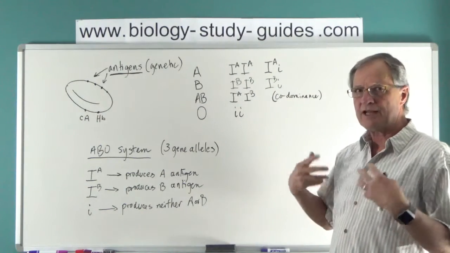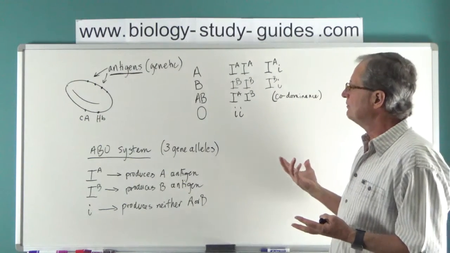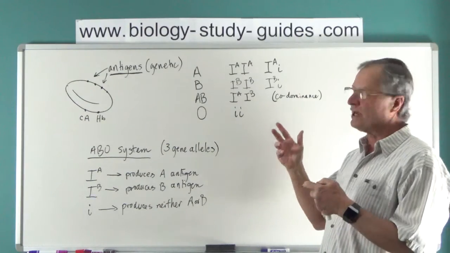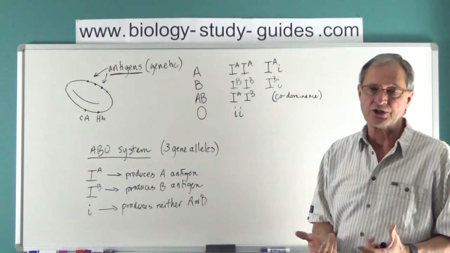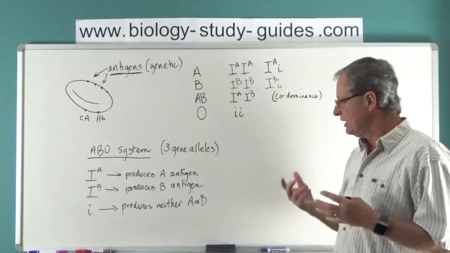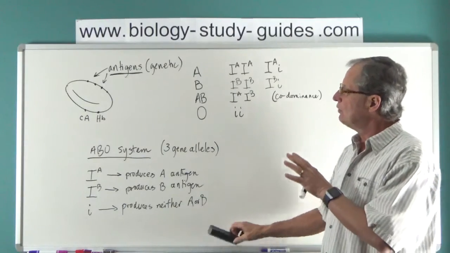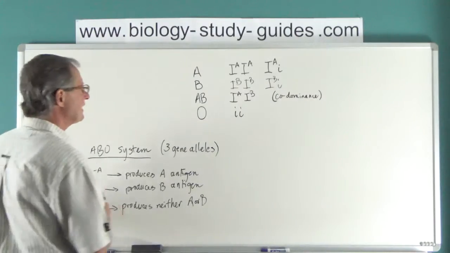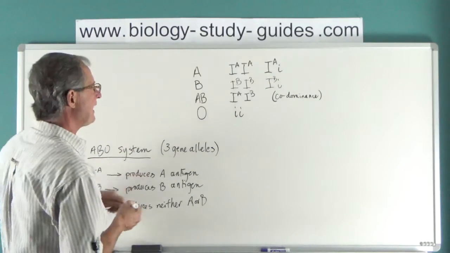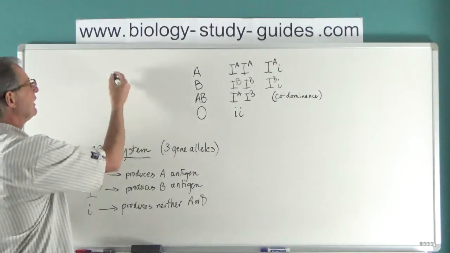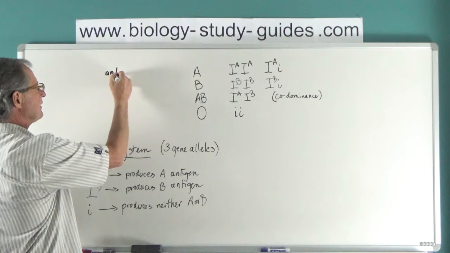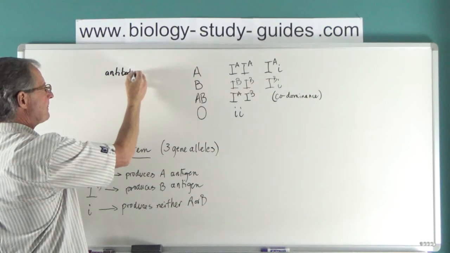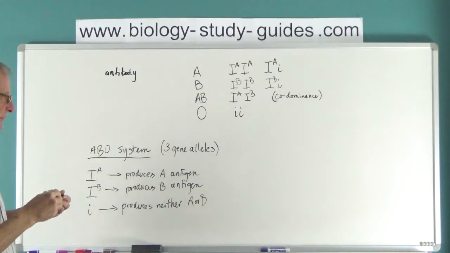During a person's daily lives, they could pick up something which generates antibodies in their system. It's just like any infection. So we have to consider what kind of antibodies might be present in a person with blood type A. That person could have antibody B in their blood, just looking at the ABO system.